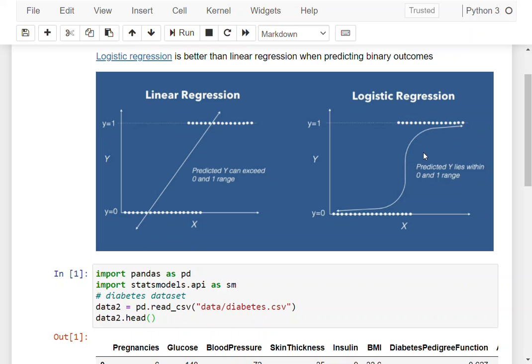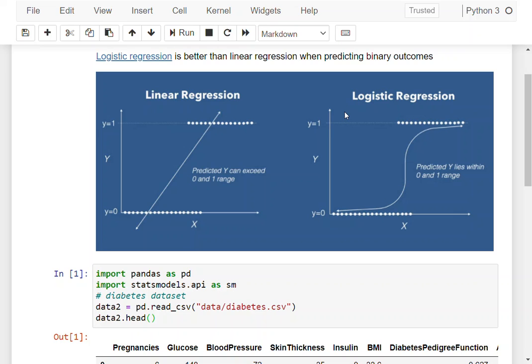So for example, if the value of this function is 0.7, it means the odds ratio of the observation being in category 1 is 0.7, and the odds ratio is the probability of being 1 divided over the probability of being 0. So that's a very useful function because it ties the interpretation of the outcome to probabilities, and we are guaranteed to get a prediction which is between 0 and 1.